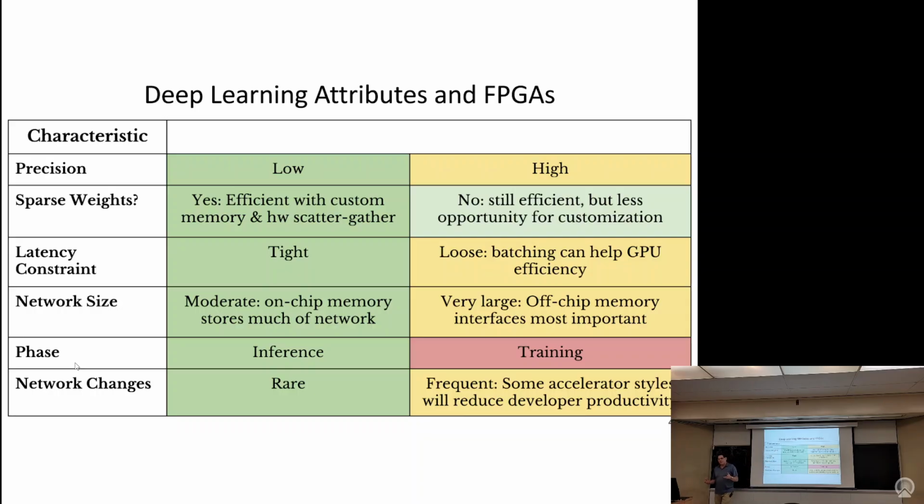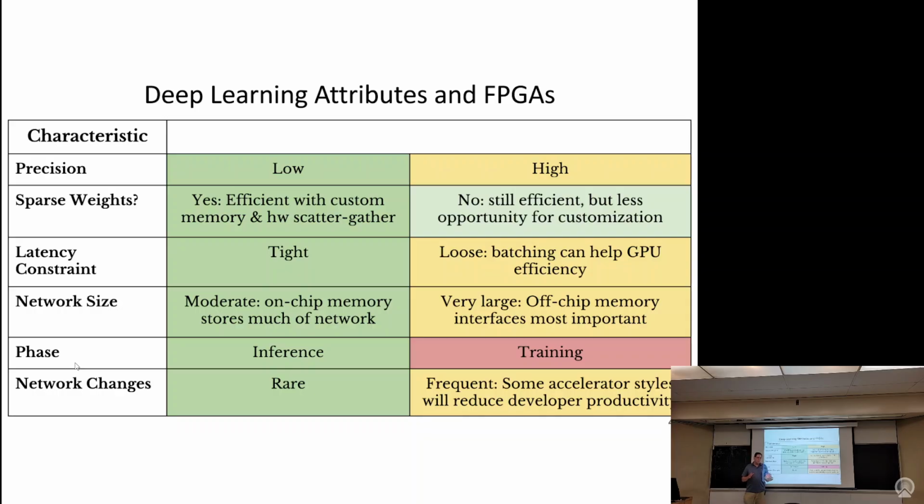There's a lot of research that shows that neural networks are tolerant of low precision. There's also research that shows they're tolerant of sparsity, meaning you can remove a lot of weights, like set them to 0. And if you set them to 0, you could actually just skip them. You don't have to multiply by 0 or anything.